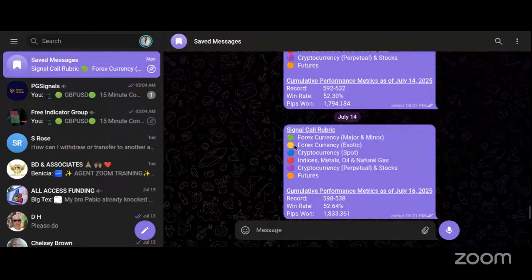So these are the signals that I call, it's color coded. Green signals are major and minor Forex pairs. Yellow signals are exotic Forex pairs. Blue signals are spot cryptocurrency pairs, so cryptocurrencies versus the US dollar. Red signals are indices like the US 30, the S&P 500, NASDAQ 100, or the Japanese Nikkei 225.